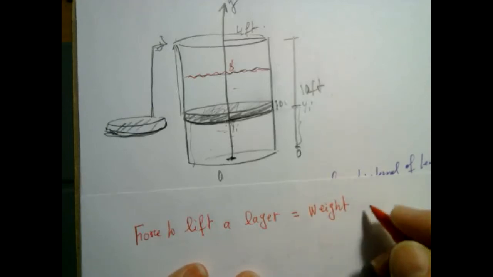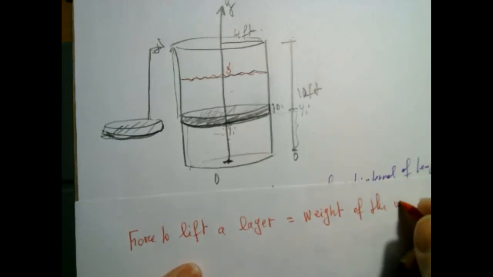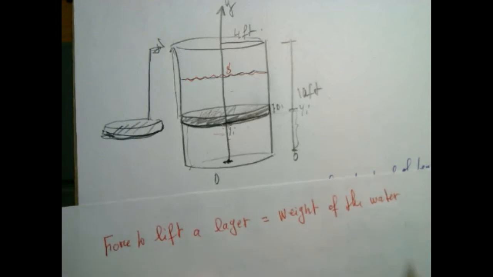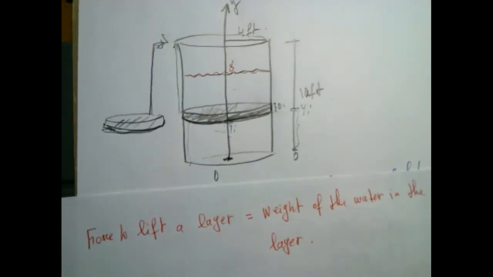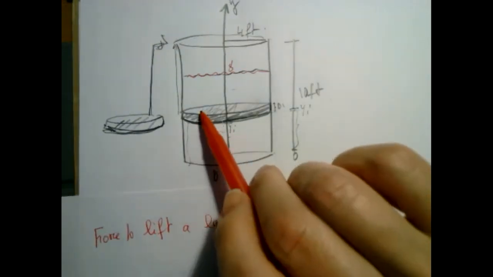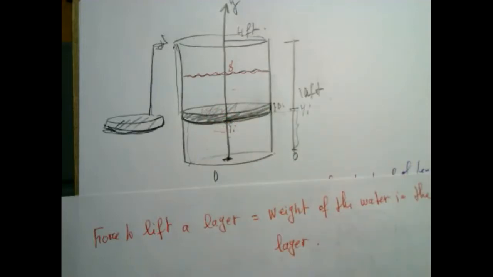It's the weight of the water inside the layer. So the force you need to lift a layer is nothing more than the weight of the water inside this layer. And now let's see what the weight is equal to.